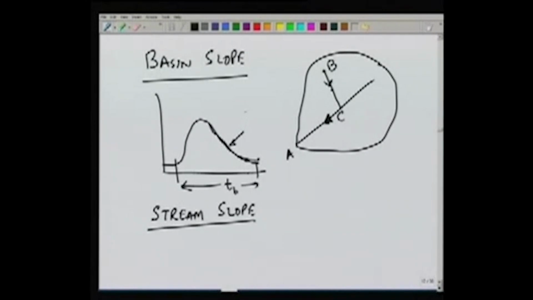This part, which is typically known as the falling limb or recession limb, denotes the water coming from the storage. It may be channel storage or it may be storage inside lakes or small depressions in the area. So, this part will depend on the stream slope. If the stream slope is large, this part will show a rapid decline. If the stream slope is small, it will show a flat decline.